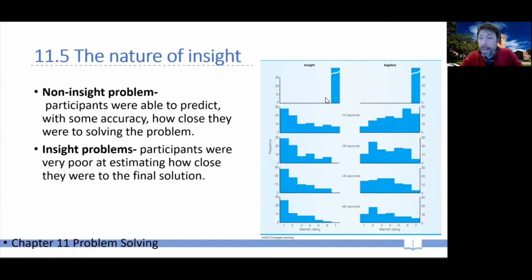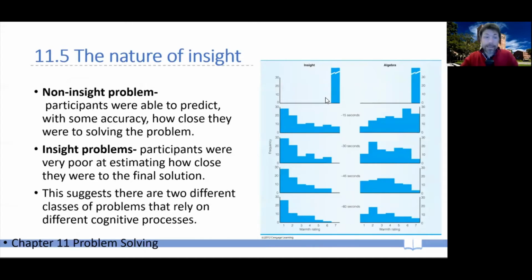On the other hand, insight problems don't work this way. With insight problems, you're just standing there, staring at a problem, having no idea how to go about solving it, and then out of nowhere, completely unconsciously, somehow the solution just occurs to you. And that's just it. There's no subjective sense in which you feel you're getting closer.